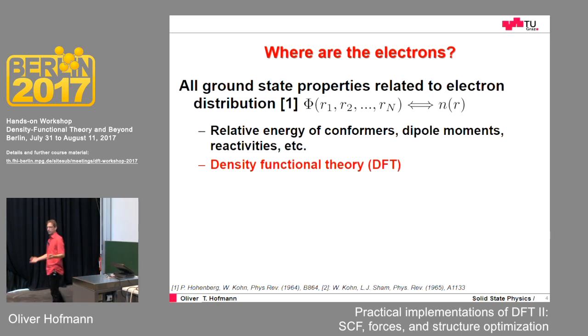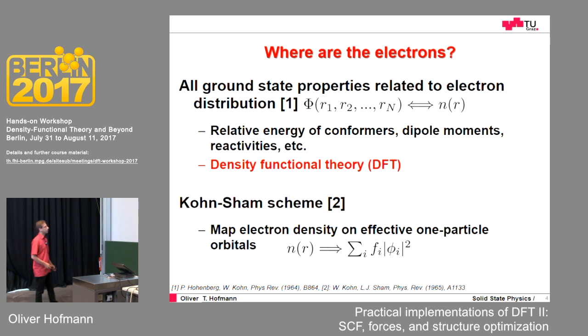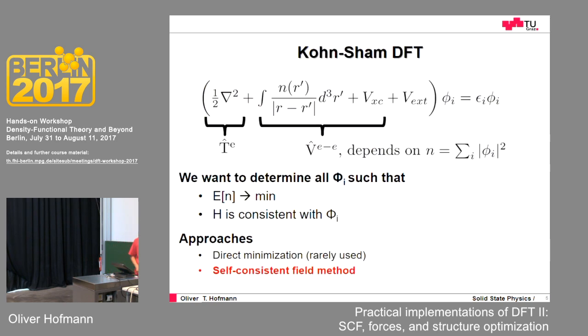And this is where we actually want to employ density functional theory. We use density functional theory in the Kohn-Sham scheme, which means that we map the electron density onto effective one-particle orbitals, and the electron density is then given essentially as the sum over the square of the wave functions of these orbitals times their occupation.